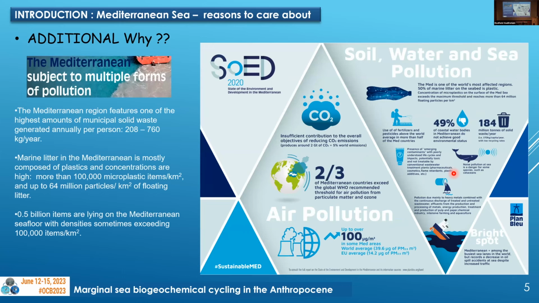In addition, not only do we have climate stressors, but also human pressure. As I told you, the Mediterranean Sea air is affected by pollution, with a higher content of particles, ozone, and again CO2 in the area, but also the soil and the water are especially affected by fertilizers, and marine litter is full of plastics.